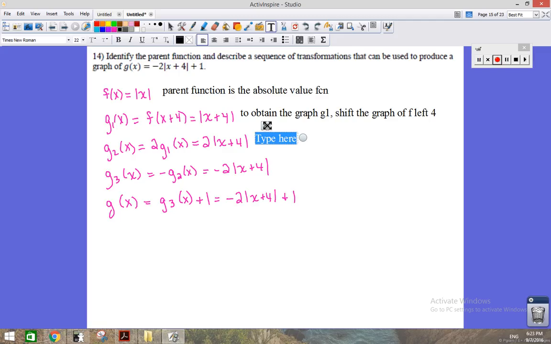Now here, to obtain my next graph, that I'm just calling G2, I'm multiplying by 2 on the output of that function. So it's a vertical stretch. Vertically stretch the previous graph, which was what, G1?